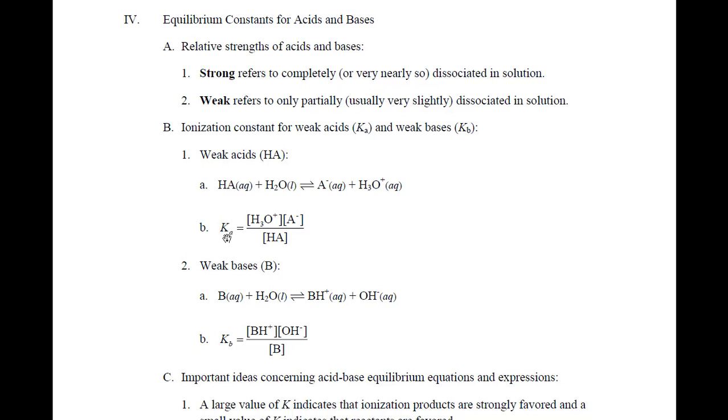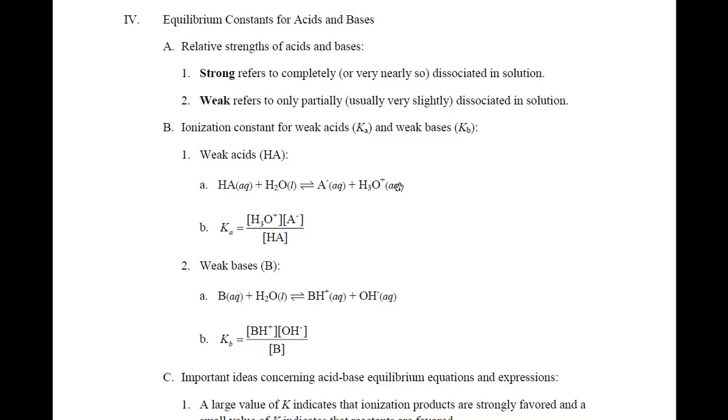Because we're going to talk about these values in a bit, these Kas and Kbs. But if you generate hydronium as a product, you must have Ka. If your equation generates hydroxide as a product, you must have a Kb. Very important, and hopefully that will make sense.